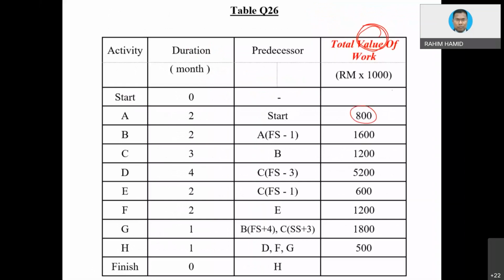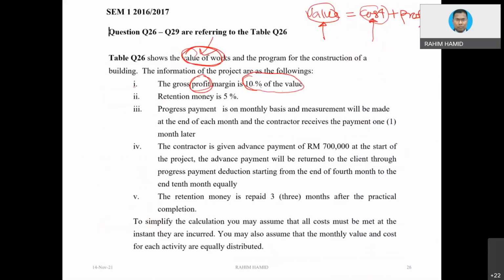You are going to take 10% of this, okay? 10% of this would be the profit. But then the cost would be deducted from the value, because value equals cost plus profit. The one that you already have is basically the profit.